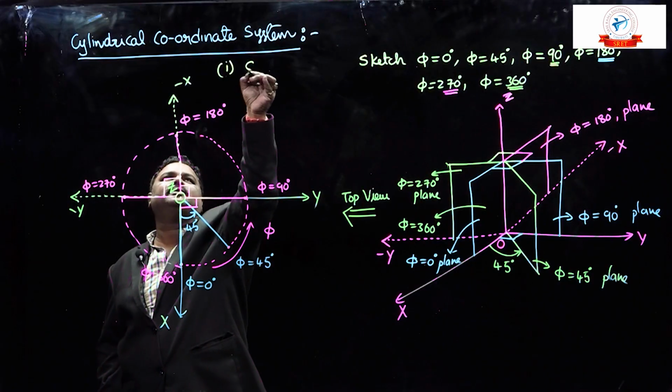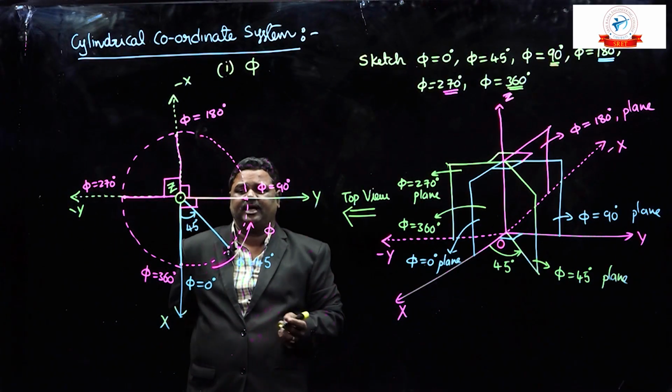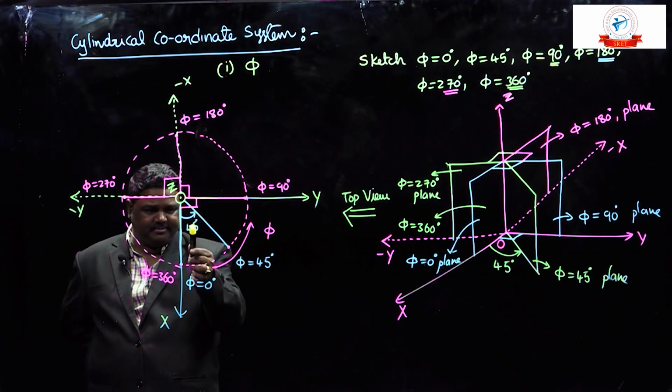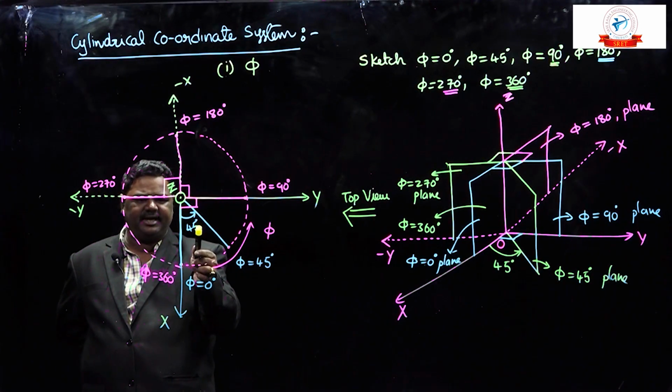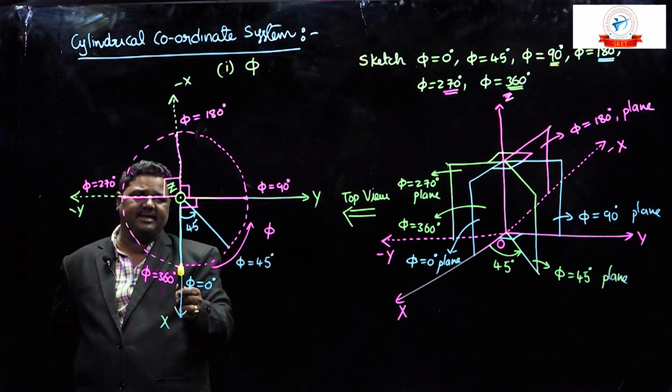First point, can you define what is phi here? Okay, actually phi is nothing but an angle. Okay, so what kind of angle it is, horizontal or vertical? This is nothing but horizontal angle made with x axis.